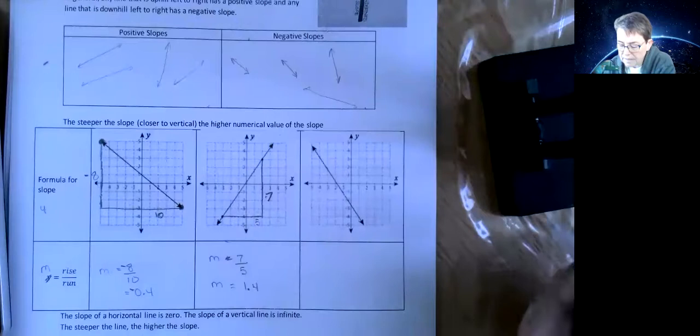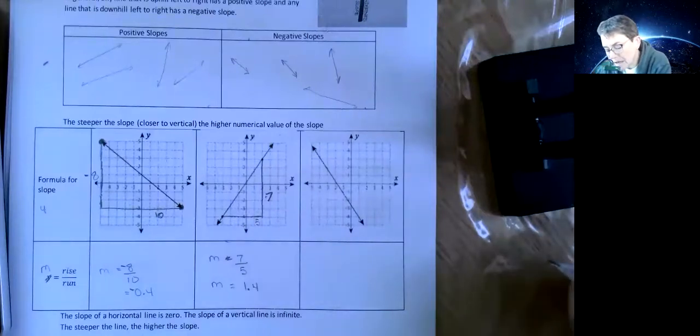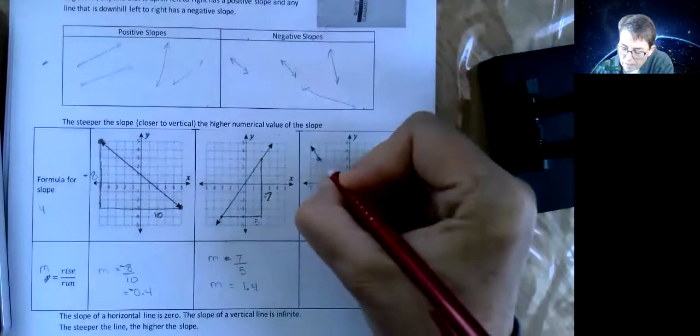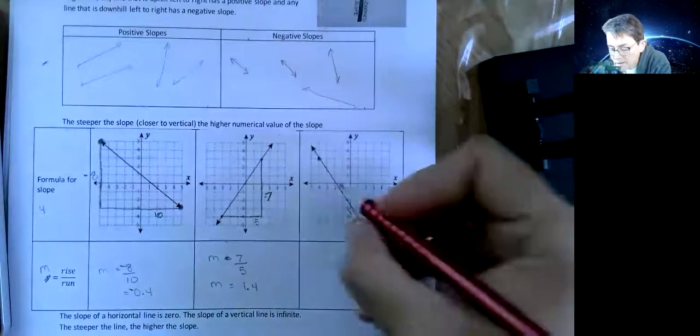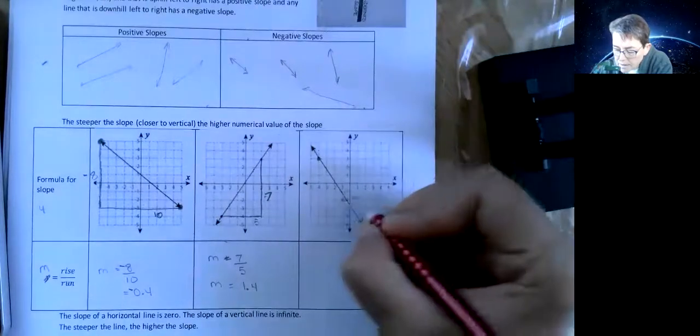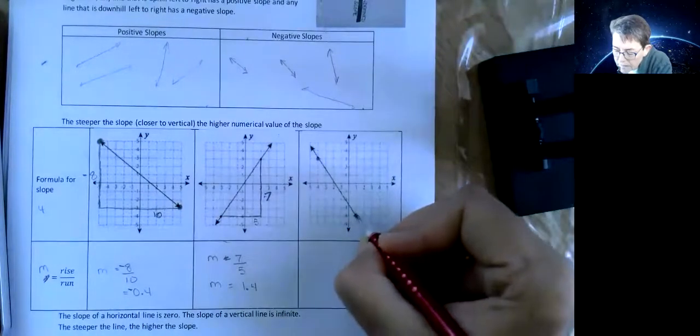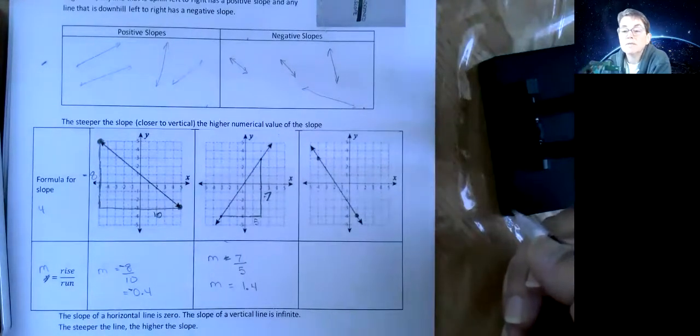All right, last one. This one's a little tougher. Because I think there's a point where it's crossing on the grid. And that one. Generally, the farther apart your points are when you're looking for the slope, the more accurate it's going to be.